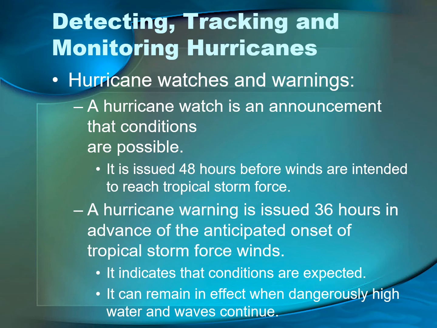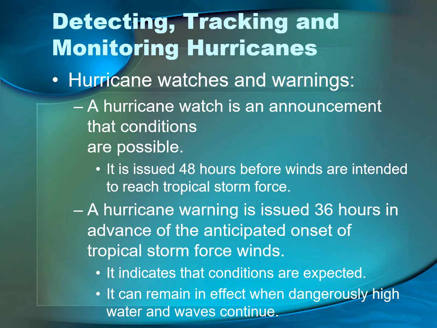So this is a little different from the tornado watch and tornado warning. By the time you have a hurricane watch, even just the watch, it's out there. It's formed. We know it's there. We're monitoring it. We're tracking it. They will issue the watch 48 hours before the tropical storm force winds will hit your area. And the winds are going to hit probably before the rain bands or maybe along with the rain bands, but they will hit certainly before the eye wall does.